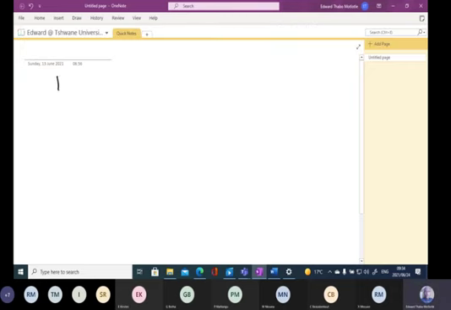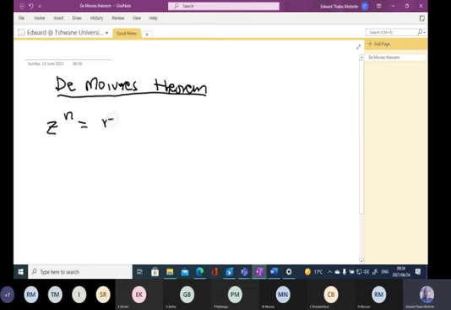Okay, so the topic will be De Moivre's theorem. We have z to the power n is equal to r (cos theta plus i sine theta) all to the power n.